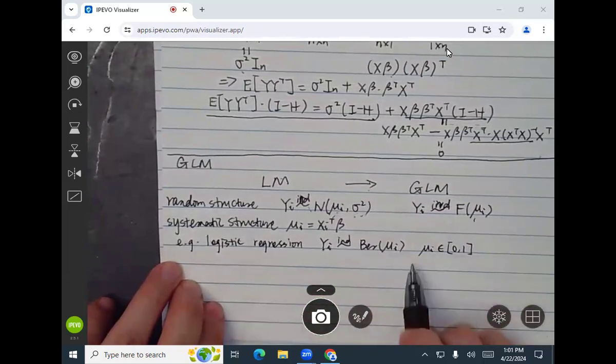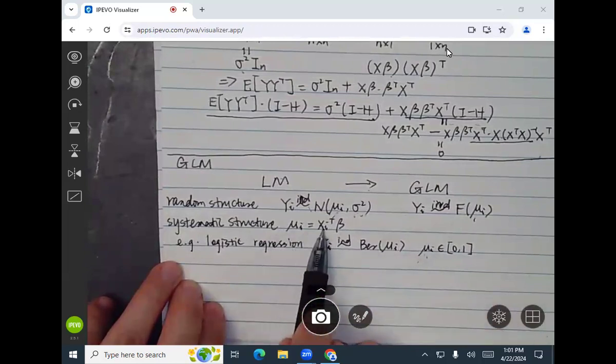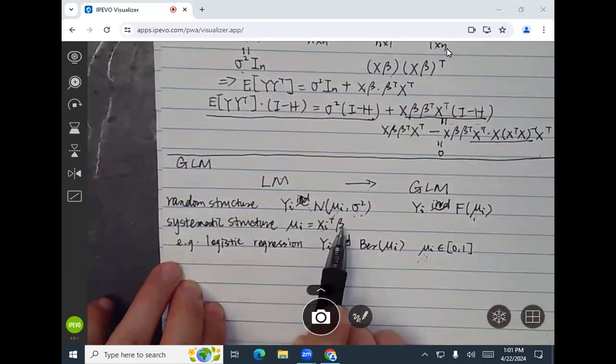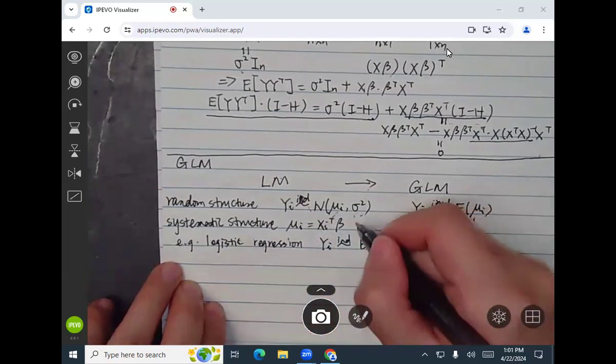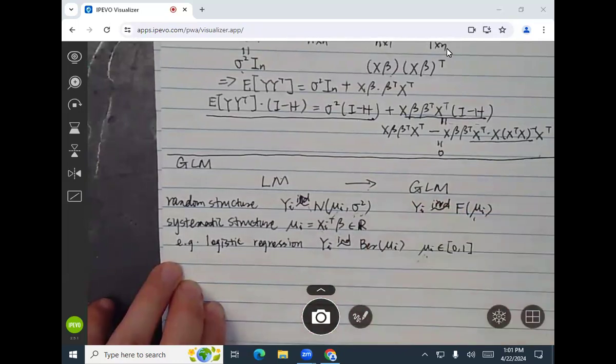Then in this case, it does not make sense to assume mu i is a linear combination of the predictors. Here we assume the predictors, I should say the predictors multiplied by the weights in beta, together take real values. So there's no limitation on their range.